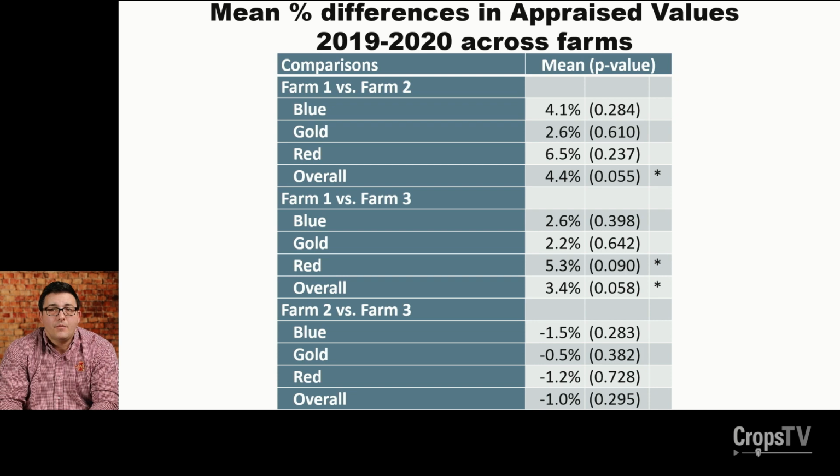And when we compare the mean percent differences in appraised value between 2019 and 2020, the percent increase in valuation for Farm 1 overall was larger than the percent increase in valuation for Farm 2 and Farm 3. But the percent increase in valuation for Farm 2 and 3 were not statistically different, very similar.